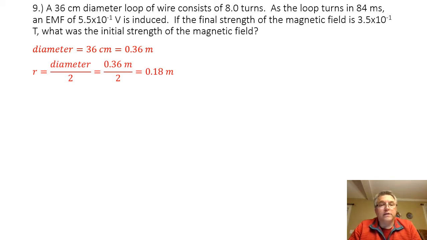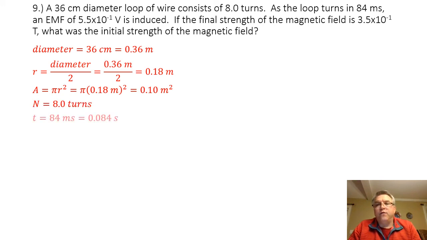So the radius is the diameter divided by 2, and that will give me a radius of 0.18 meters. The area is pi times 0.18 meters squared, and that will give me an area of 0.10 square meters.